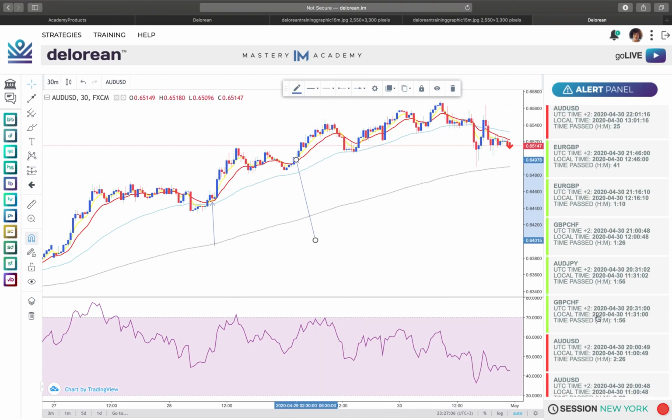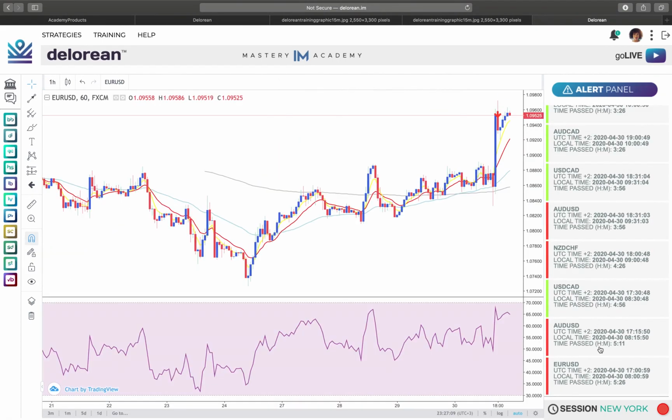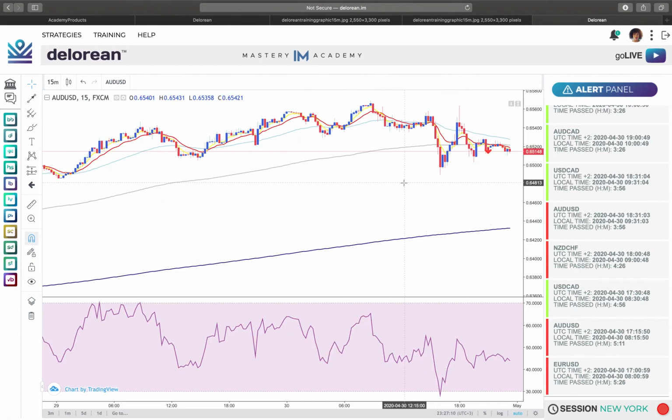Well, the reason I bring all of this up, going back to this example we were on, is that the aqua and the gray represent the 5 and the 13 on the 4-hour. Again, the aqua and the gray represent the 5 and the 13 on the 4-hour.